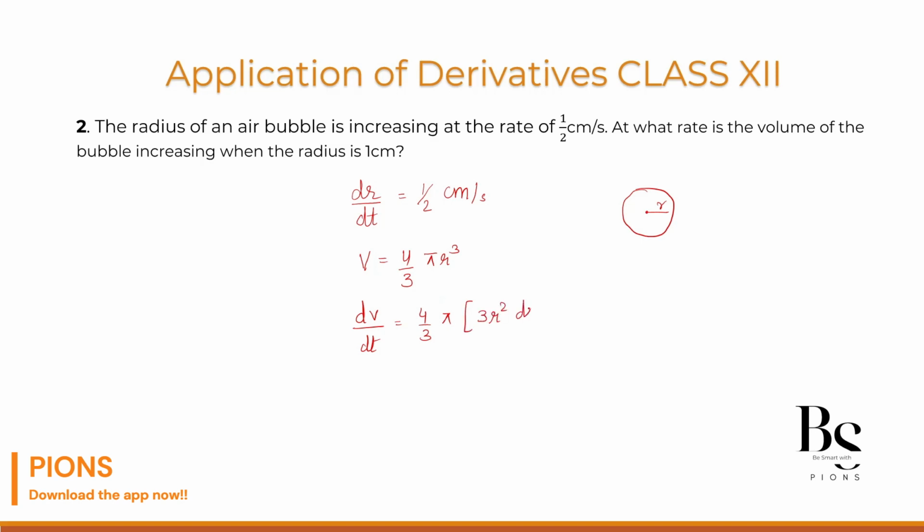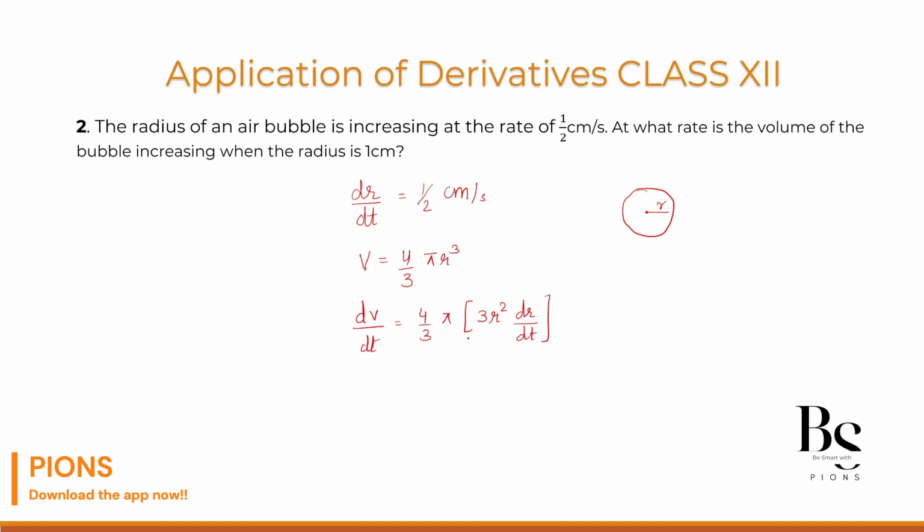Derivative of r cube is 3r square dr by dt. 3 will come in front, r to the power 3 minus 1, which is 2. And since we are differentiating with respect to t, it will be dr by dt. If we were differentiating with respect to r, then it would be simply 3r square.